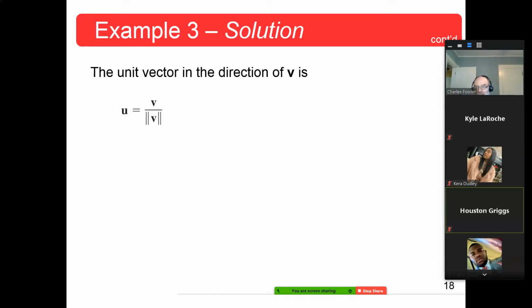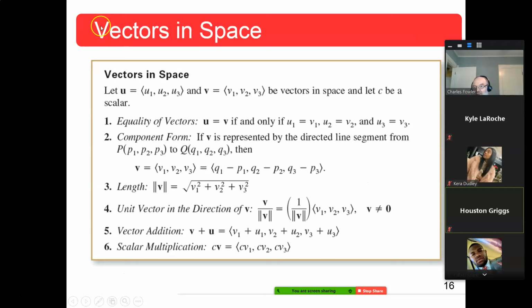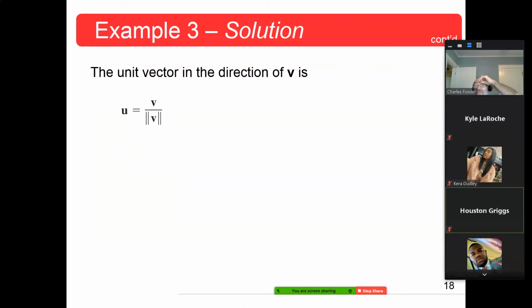I just want to go back a few slides. Notice there's vector u. That doesn't imply by any stretch of the imagination that's a unit vector. Just because it says u, okay, doesn't mean that. Here, that does. They're using u because it is.